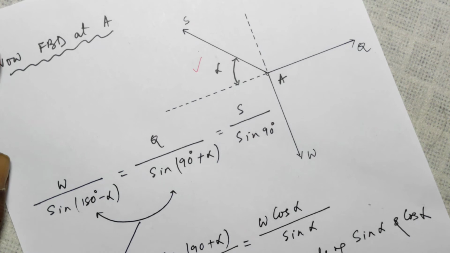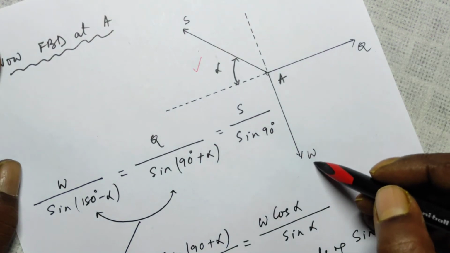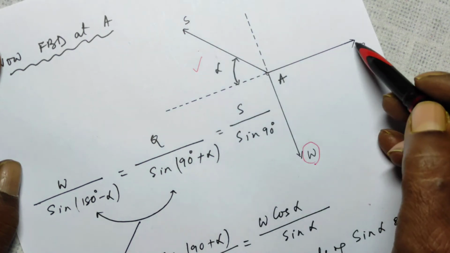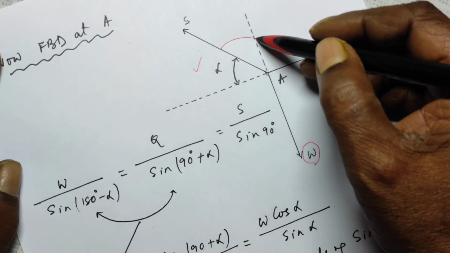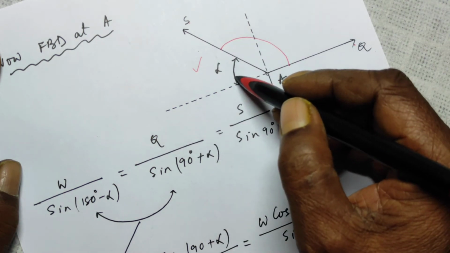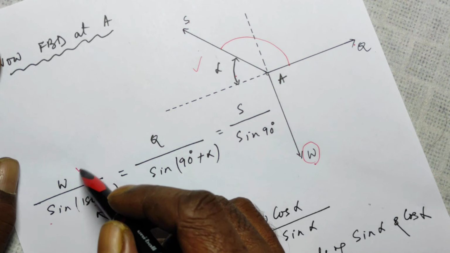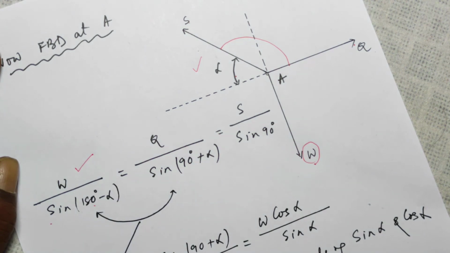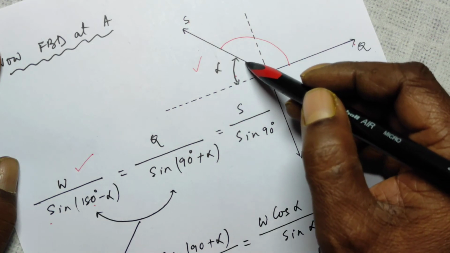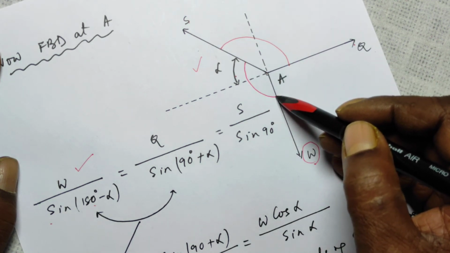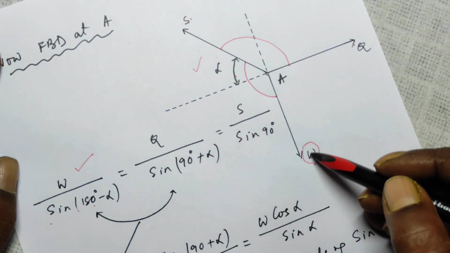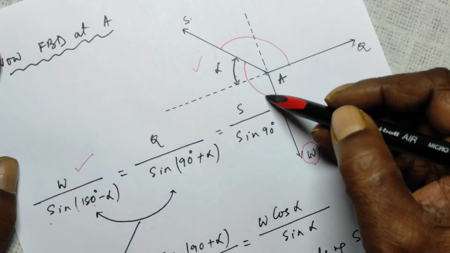Now, W over sine of the angle between S and Q, that is the sine of this angle. This angle is 180 minus alpha. So W over sine of 180 minus alpha is equal to Q over sine of the angle between the tension S and W. This angle is 90 plus alpha.